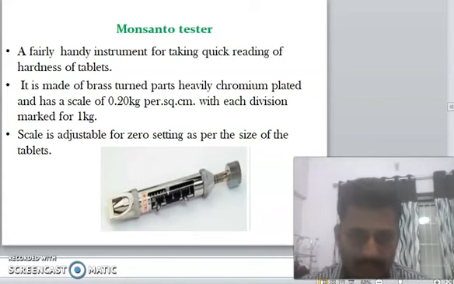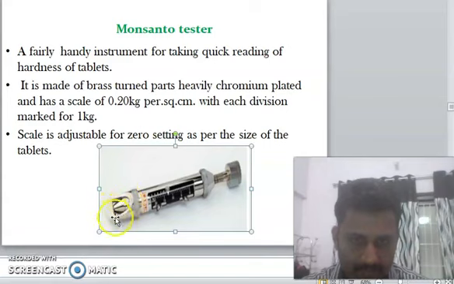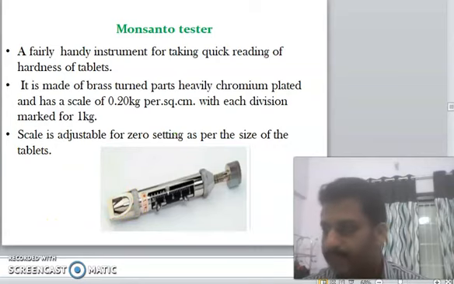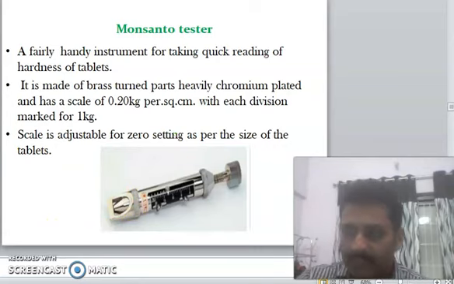The tablet is placed in this part, in contact with the lower plunger, and then zero is set on the gauge. Then the upper plunger is forced against the spring by turning the threaded bolt.